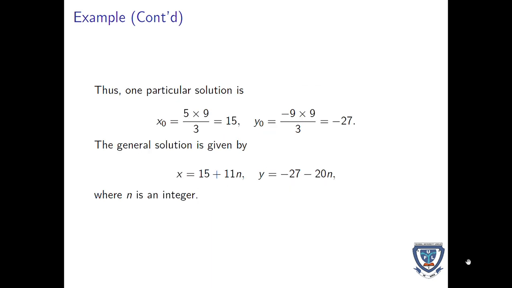Thus, one particular solution is x0 equal to 5 times 9 all over 3, equal to 15, and y0 equal to minus 9 times 9 over 3, which is minus 27. Therefore, the general solution is given by the theorem: x equal to 15 plus 11n, and y equal to minus 27 minus 20n, where n is an integer.